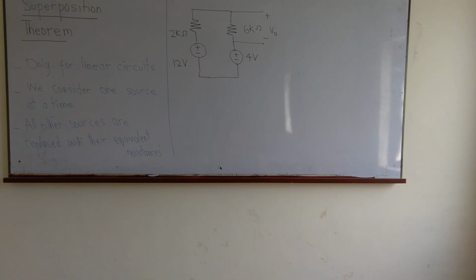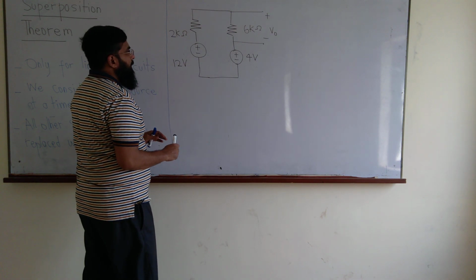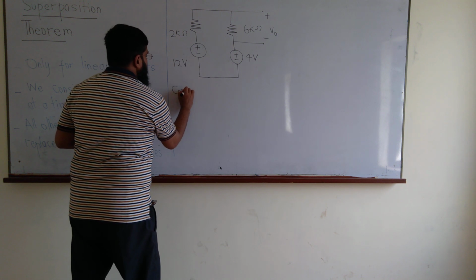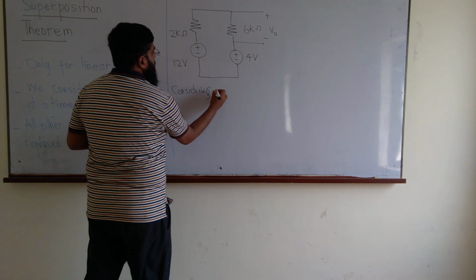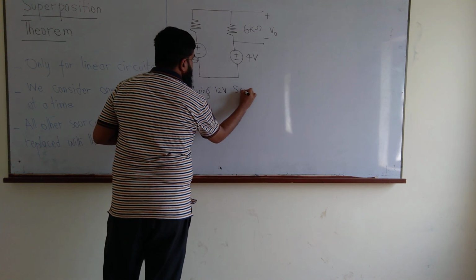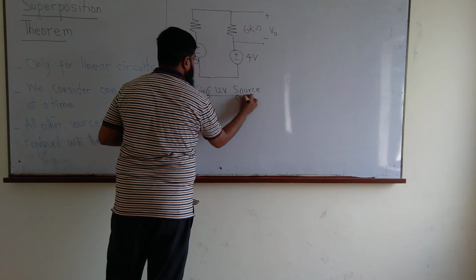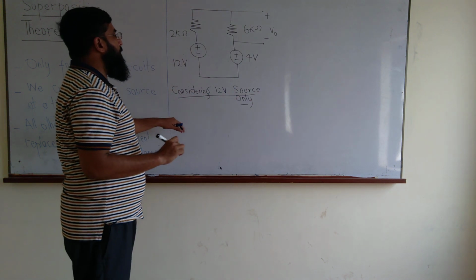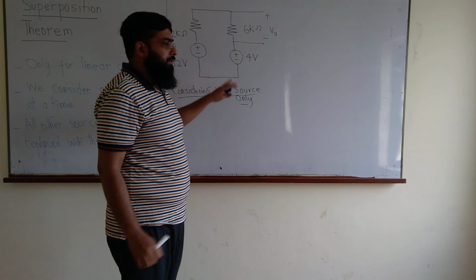Suppose we consider only one source at a time. So considering the 12-volt source only, this 4-volt source is replaced with its internal resistance.